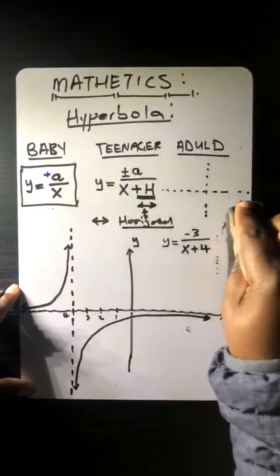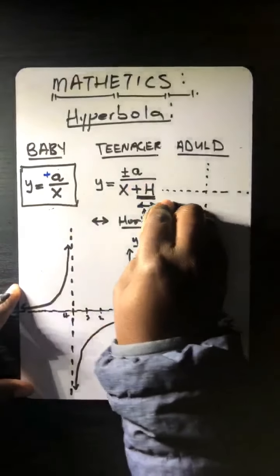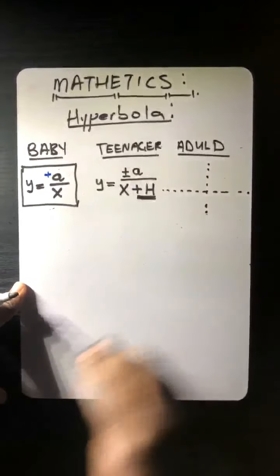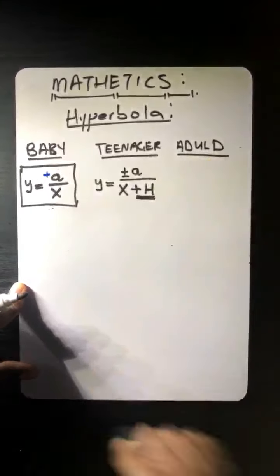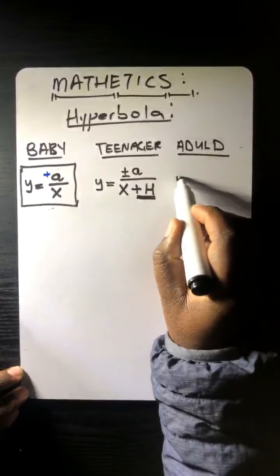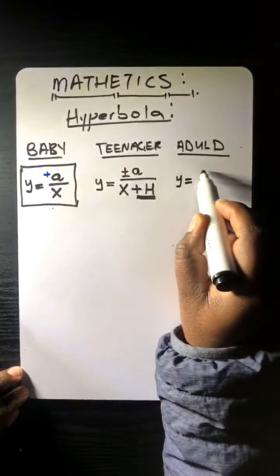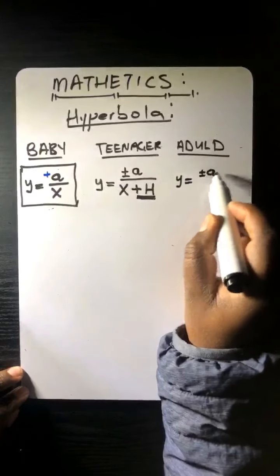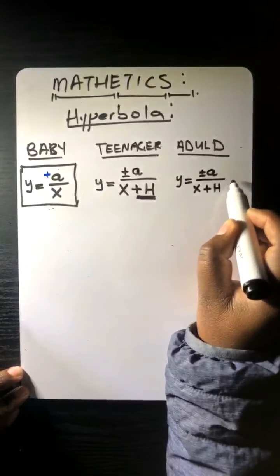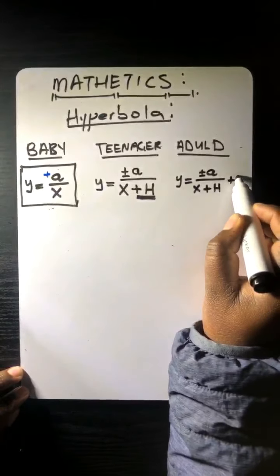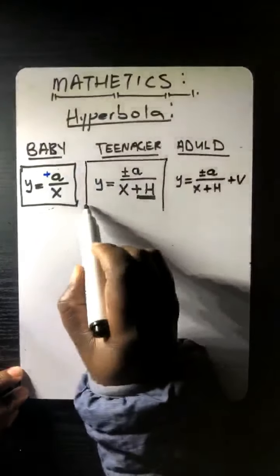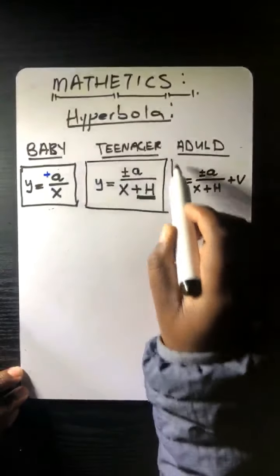So now I'll need someone to guess what an adult stage would look like. Let me do something similar to this. So we have y equals, remember, a can either be positive or negative. Then let's say we have plus h, then let's say plus v over there. Anyone to guess what that v could possibly mean?